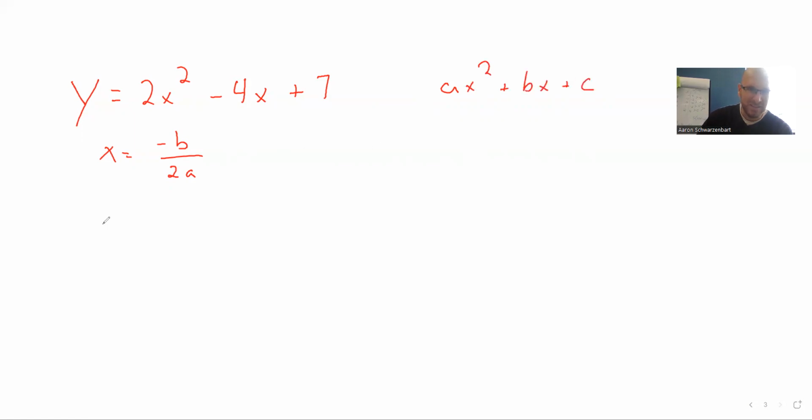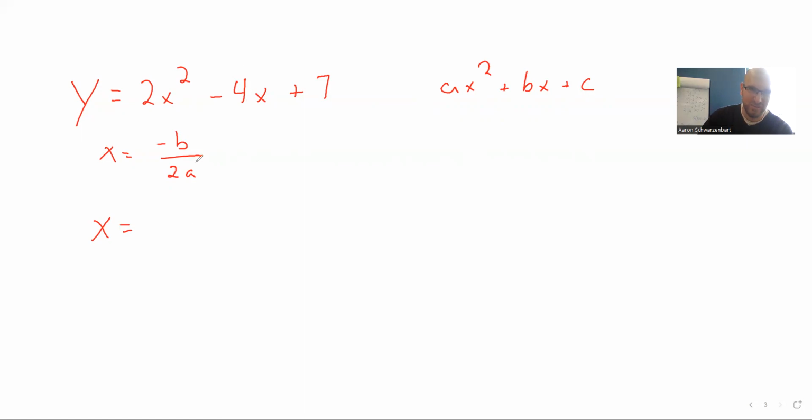In standard form, my x coordinate of my vertex is given by negative b over 2a. My standard form being ax squared plus bx plus c. So in this case, x equals, b being negative 4, I have to take the sign with it.